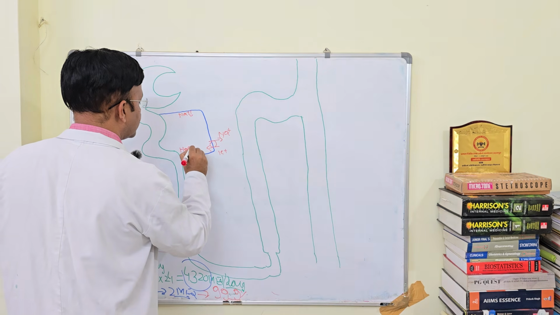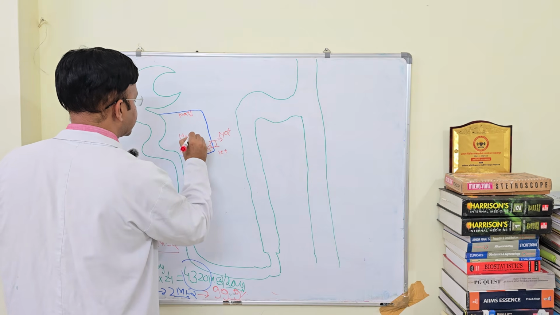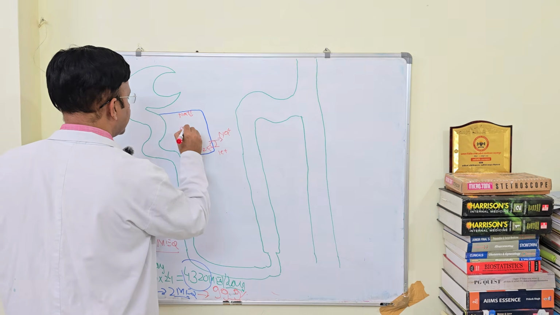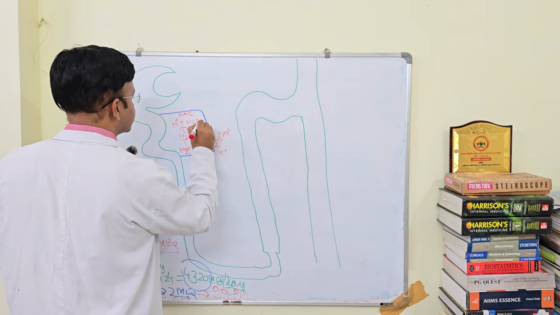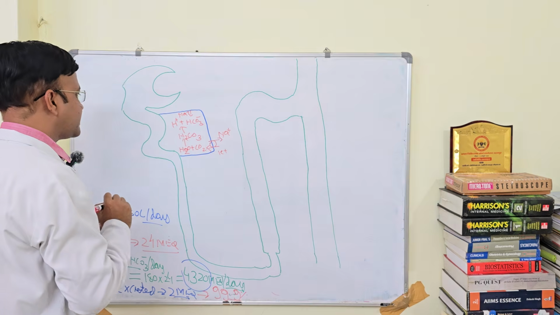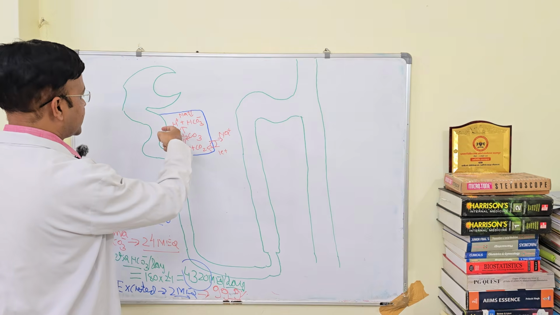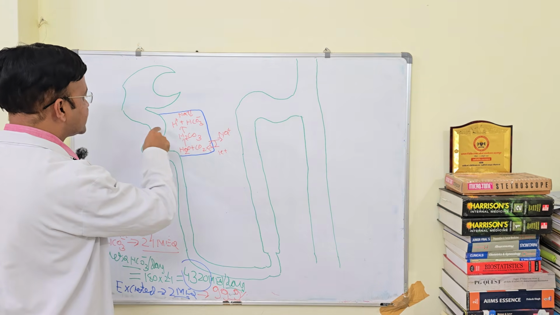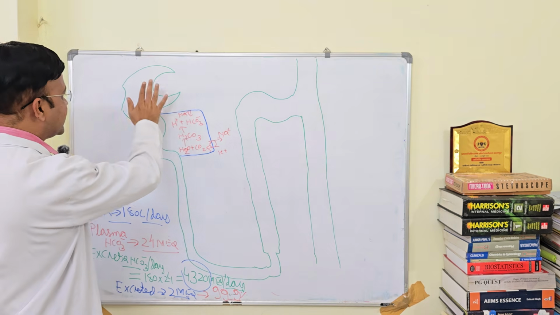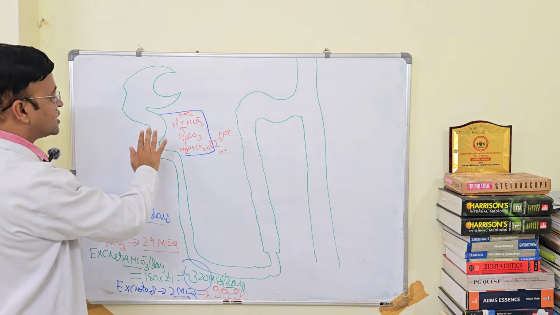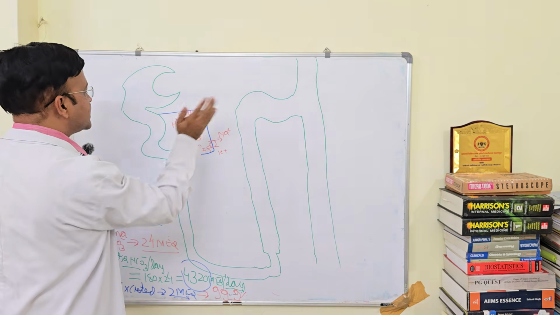They will form H2CO3, then it will form H plus and bicarbonate. Now this H plus wants to go to this side, but for going to this side, it will take the help of the sodium hydrogen exchanger. Since the sodium is already less inside, and inside the tubule the sodium is at the same level as the plasma, there is a gradient of sodium from this side to this side.